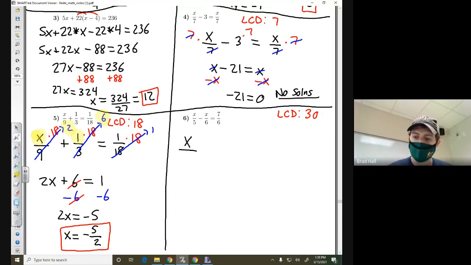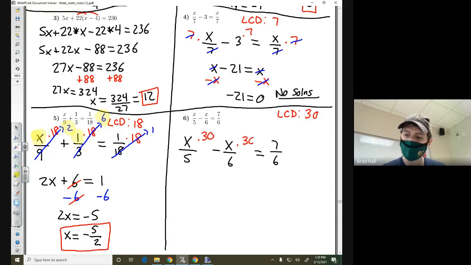So I'm going to write out everything again, just so I can illustrate the multiplication. Equals 7/6. So let's multiply each one of these by 30. Now, in each one of these situations, look at how the denominator compares with the least common denominator. 30 divided by 5, that's 6.